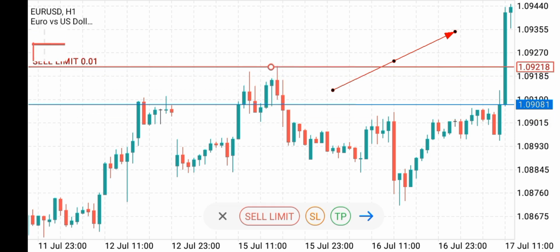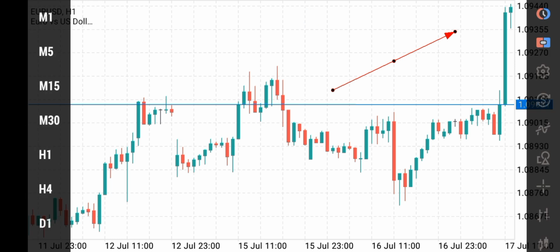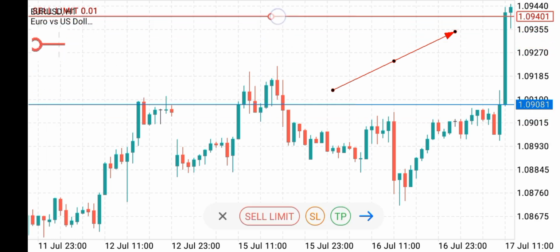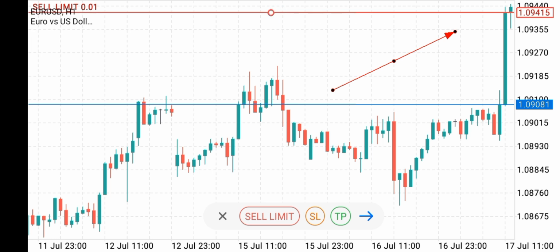Can you see it right here? See where I clicked on this stop right here? So you can tap here and enter what is called a sell limit order. A sell limit order is an instruction you give to your broker that whenever price gets to this particular place and I am not on my trading chart, enter a sell trade on my behalf.